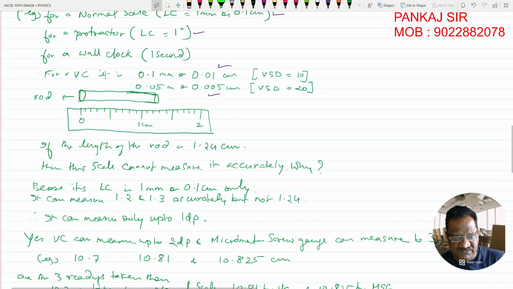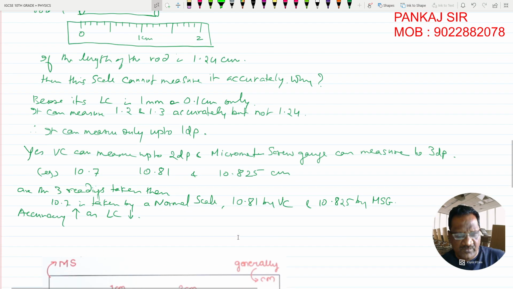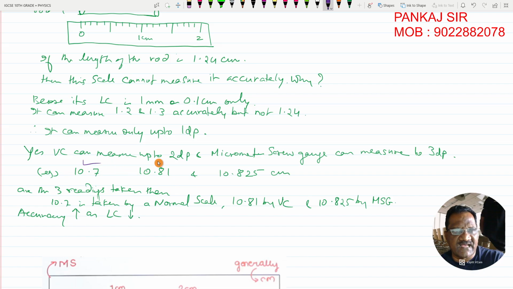Okay, now what is the significance of least count? Suppose you want to measure a certain distance. Okay, now let us see this. You are given a length of a particular object as 10.7 or say 10.81 and 10.825. Okay, these are the lengths given in centimeters, right?